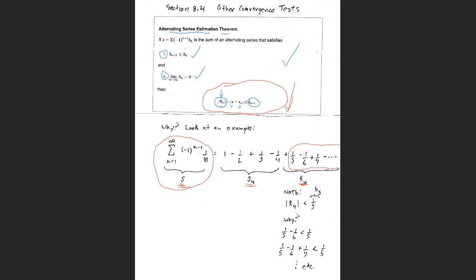It would be the remaining part of the series. But this R sub 4, which is the sum of the remaining terms of the series, if you look at the absolute value of that remainder, it has to be less than a fifth. A fifth is B sub 5.